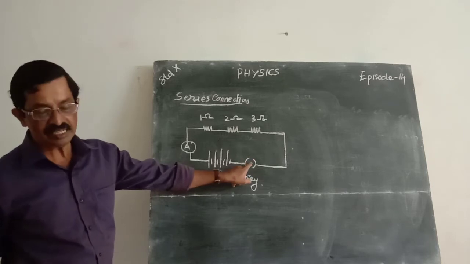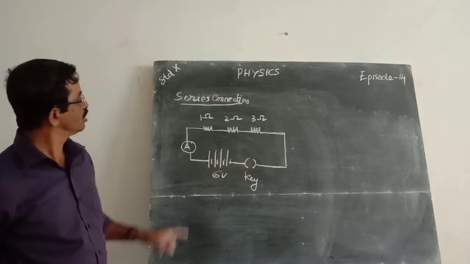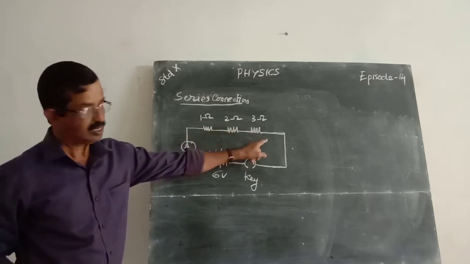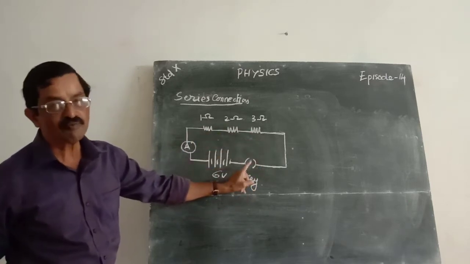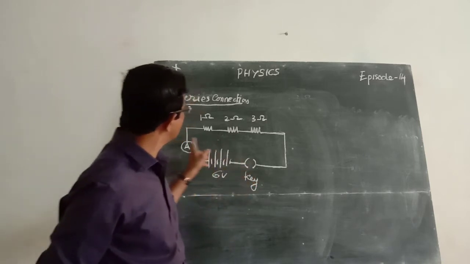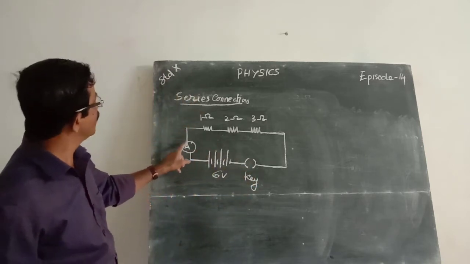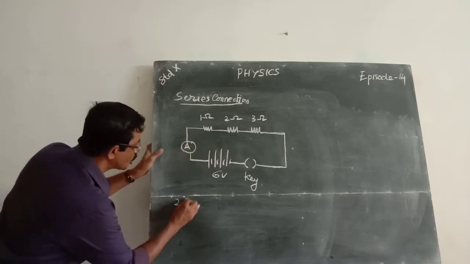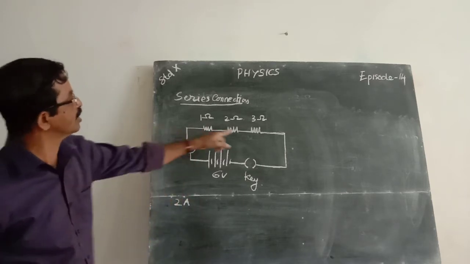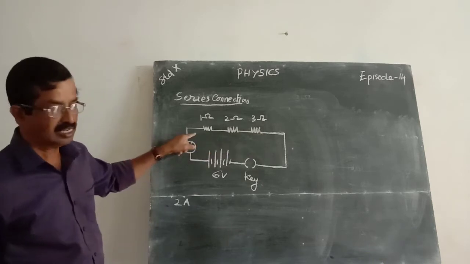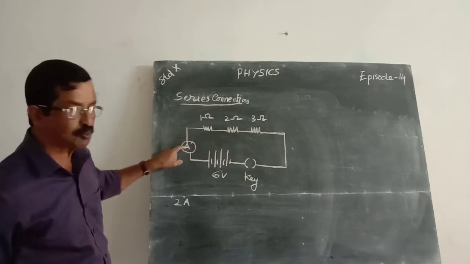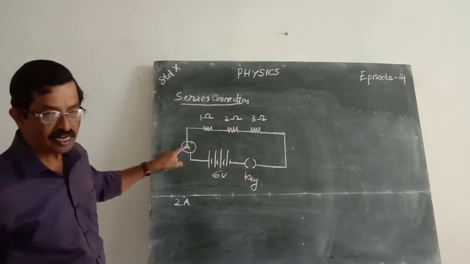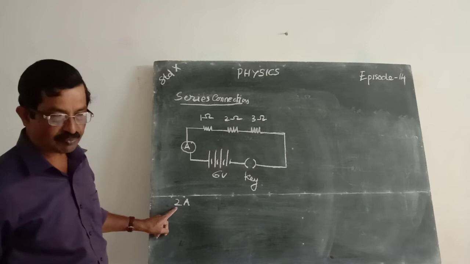By closing this key we can measure the current through the circuit. Suppose we observe 2 ampere current when the ammeter is in this position.